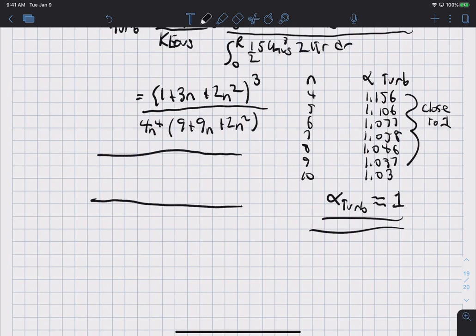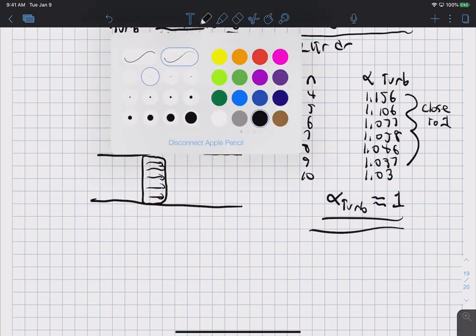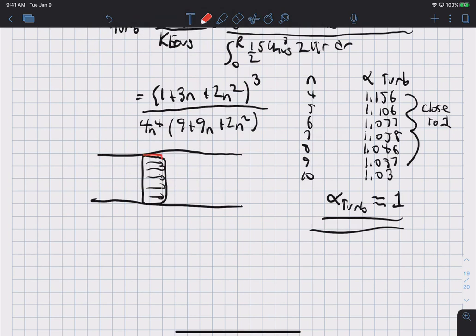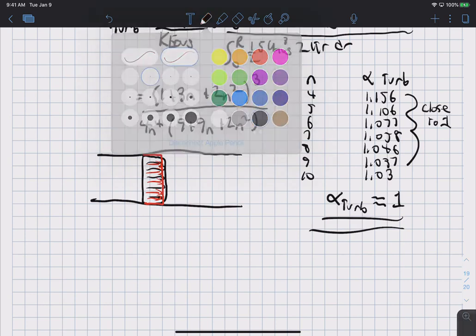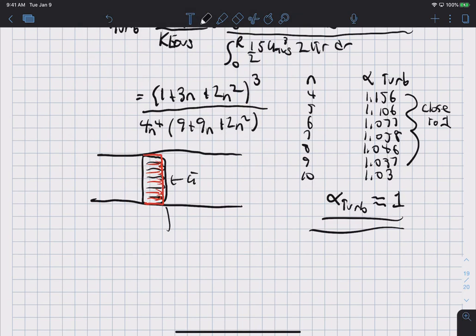So in our pipe flow, for the turbulence, the mean velocity profile looks something like this. It's very flat, and because it's very flat, the deviation from the average velocity profile would look something like this. So it's actually not that much different. The mean velocity profile for a turbulent flow is not that much different than the average velocity profile.